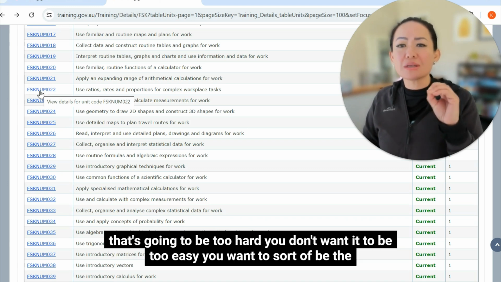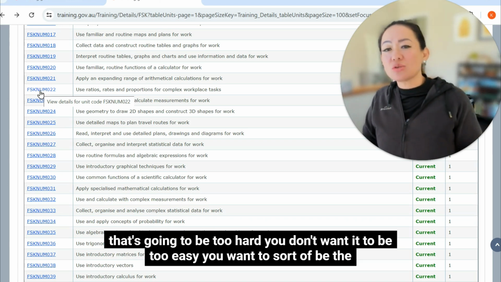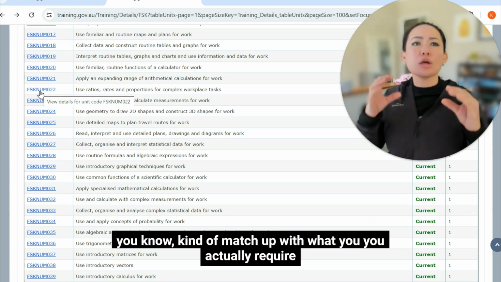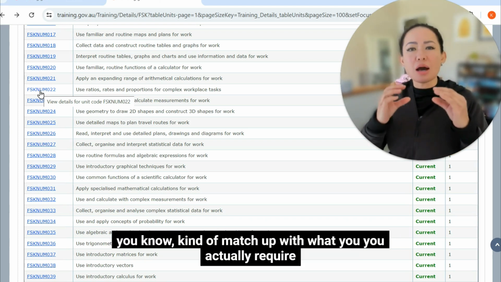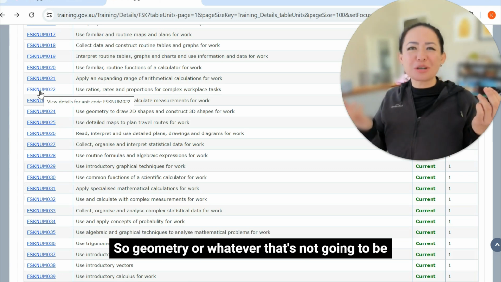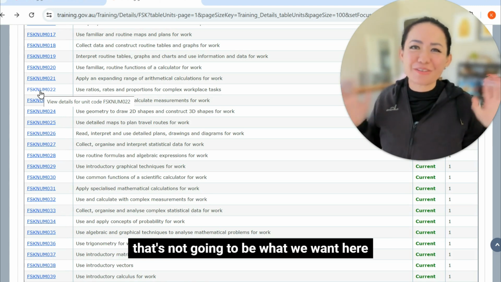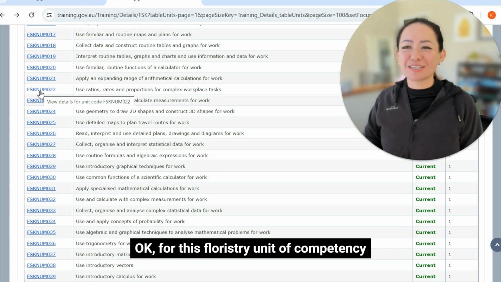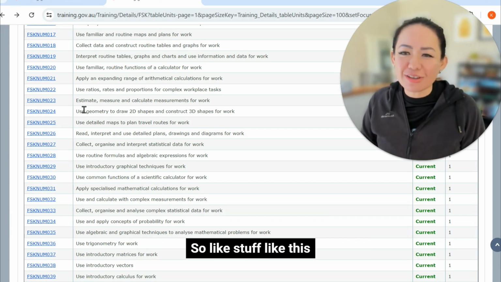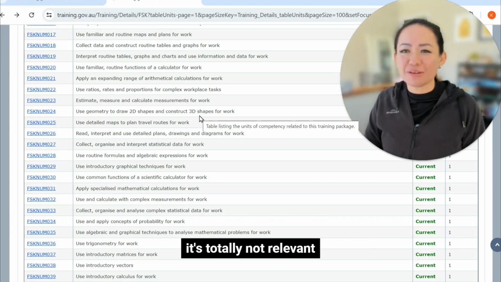You don't want the ones that are too hard. You don't want it to be too easy. You want the one that's going to match up with what you actually require. So geometry or whatever, that's not what we want here for this floristry unit of competency. Stuff like this is totally not relevant, right?